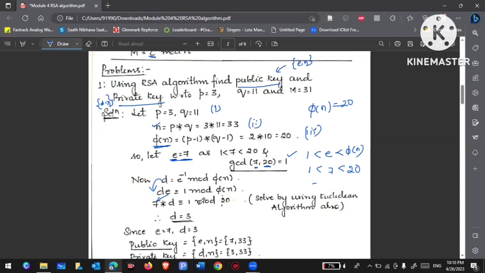Phi of n is 20. Therefore, we'll get how much here? 7d congruent to 1 mod 20. If you calculate by using Euclid's algorithm, if we solve this, we'll get d is equal to 3.